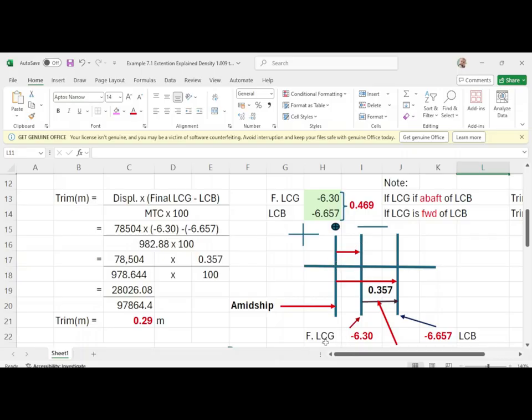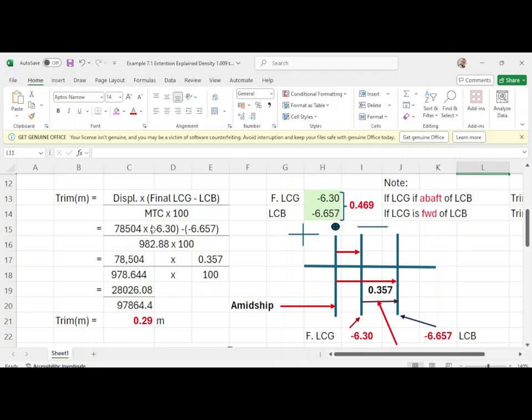That is your final LCG of negative 6.3. And your LCB is negative 6.657, so it goes further, and this will be your vertical line of negative 6.657, which is your LCB. Now, do not look at this diagram.